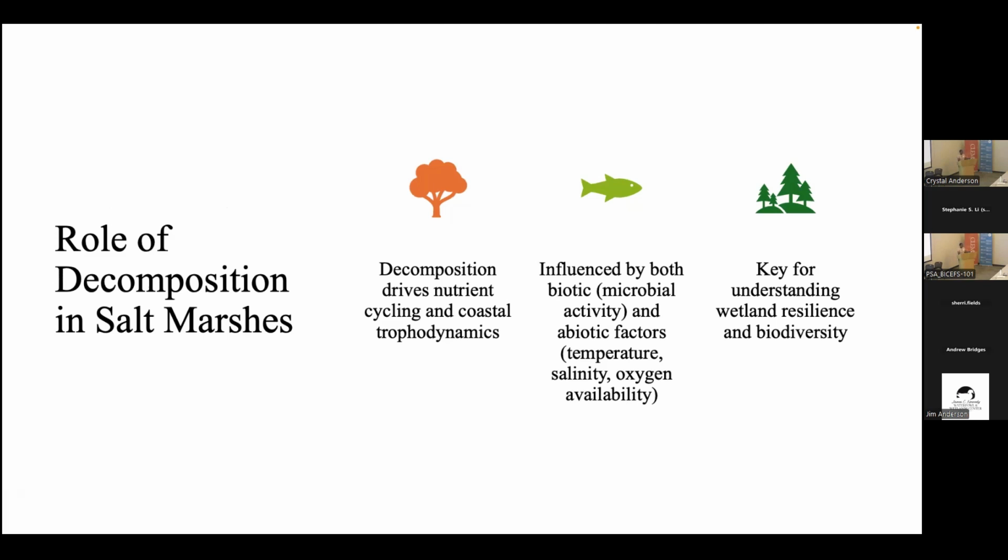This process also fuels coastal trophodynamics, linking detritus-based energy to higher trophic levels, like invertebrates and fish, as I mentioned before. Both biotic factors like microbial and fungal activity and abiotic factors such as temperature, salinity, and oxygen availability directly influence the rate and efficiency of decomposition.